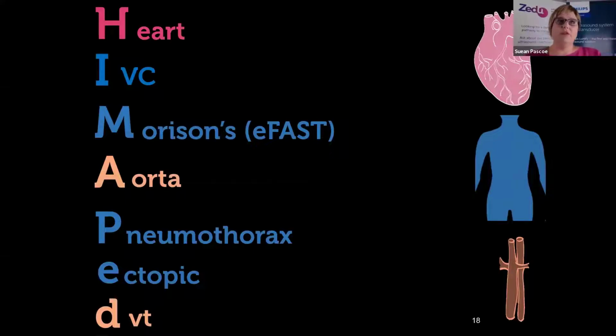I think some of the confusion comes into play because these protocols were published in 2006 and 2010 respectively, well before we were familiar with the eFAST protocol.